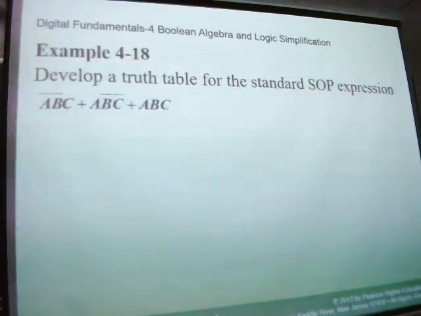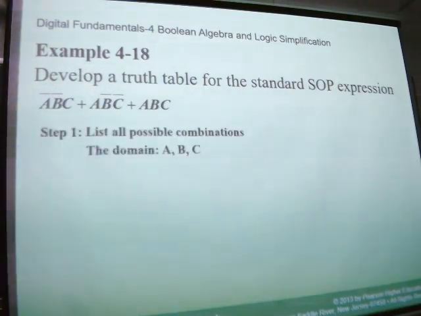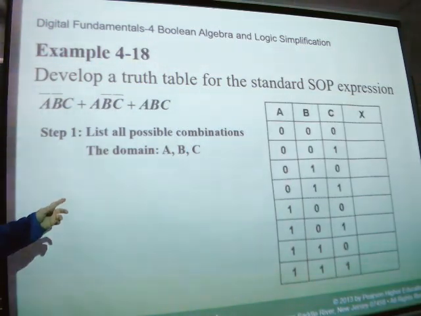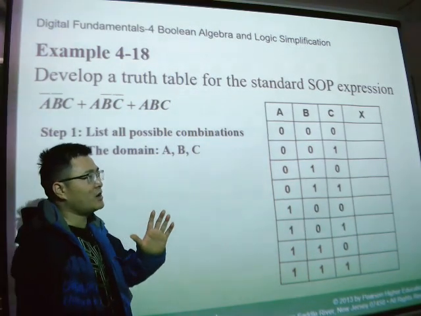For example, develop a truth table for the standard SOP expression A bar B bar C plus A B bar C bar plus A B C. Step 1: list all possible combinations, like this: A, B, C, three variables.